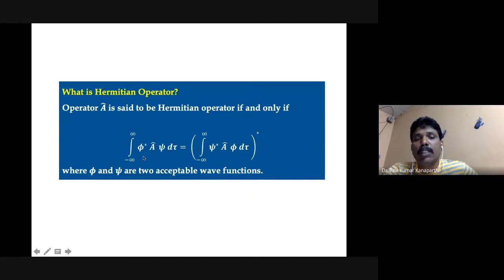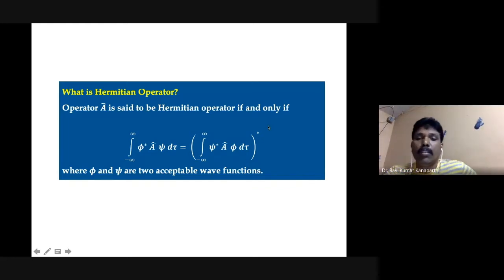Ultimately you will get some answer. Similarly, instead of the first function, you allow it to operate on the second function, multiply with the first function's complex conjugate, integrate it, apply the limits, and then take the complex conjugate.